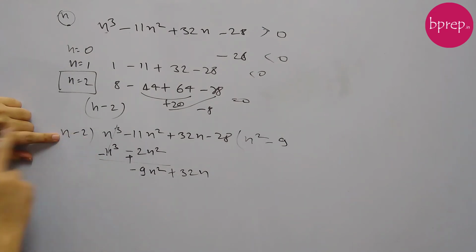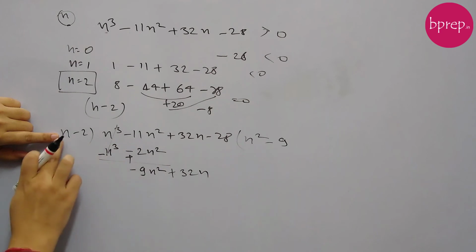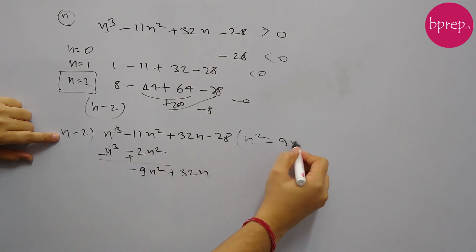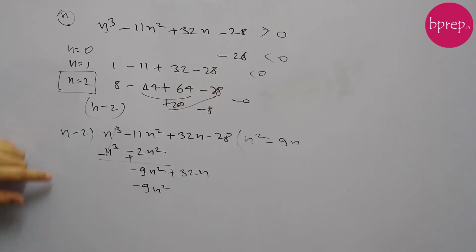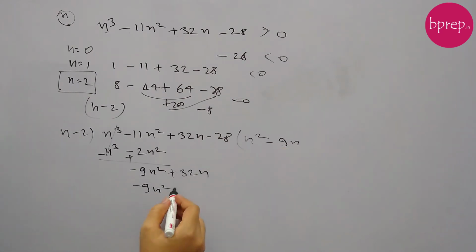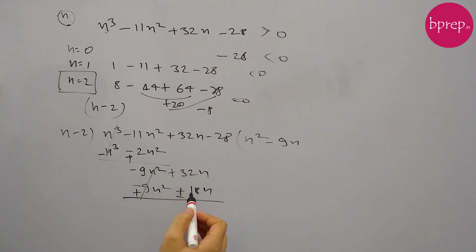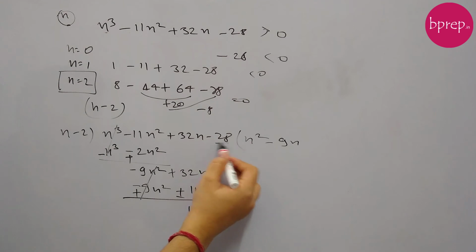Again we won't bother about the second term. Minus 9n times minus 2 gives plus 18n. Again this will get cancelled, and here we'll have 14n. Now we have 14n, and then we'll bring down minus 28.